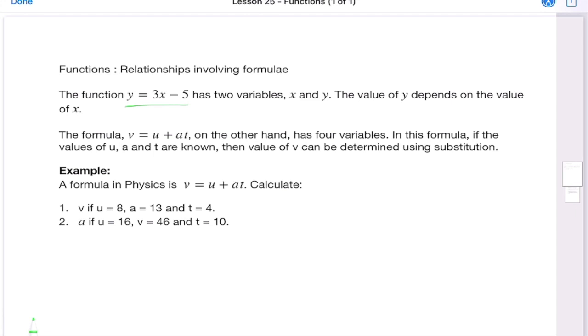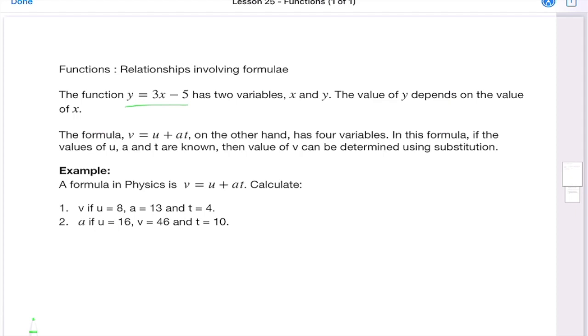Remember, y depends on the value of x, which means if we know what x is, we can find y. And so y is called the dependent variable, whereas x is called the independent variable.